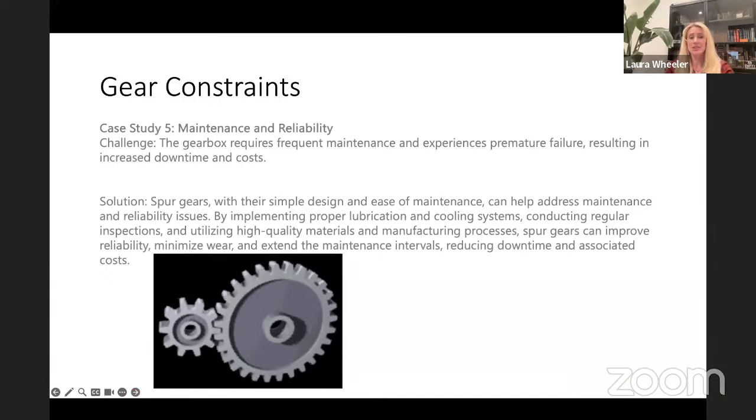We can consider using high quality materials and manufacturing processes. But the nice thing about spur gears, utilizing them in engineering design, is that they're very easy to maintain, and they have minimal wear on them if they're designed correctly.